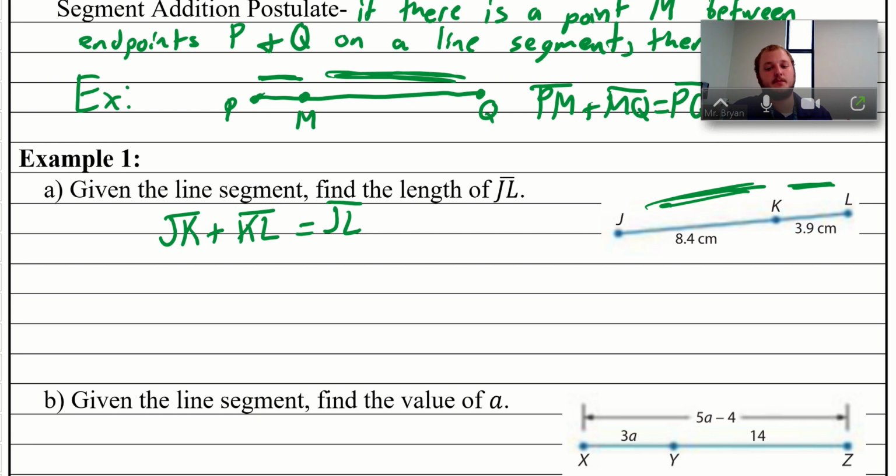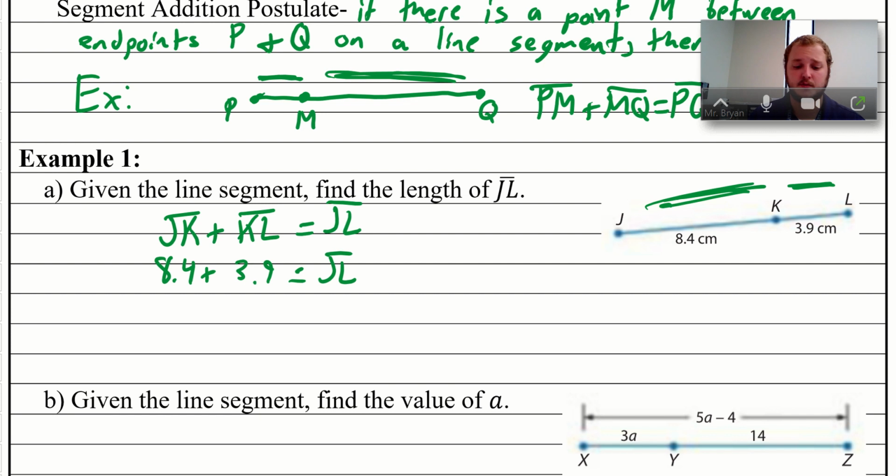Okay, so if I just wanted to set up an equation, the basic idea or the concept, that's what it would look like. Now all I have to do is just plug in those specific lengths. So it already tells me the length of JK is 8.4 plus the length of KL, which is 3.9. And in this case, I don't have the length of JL. I could put X, I could put length of JL, whatever works for you guys.